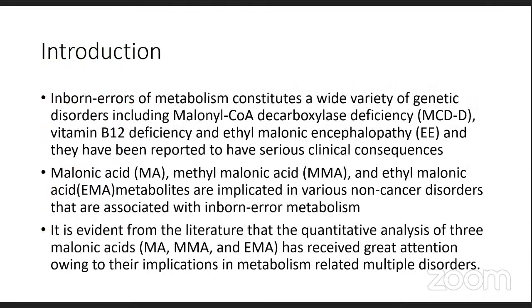Inborn errors of metabolism constitute a wide variety of genetic disorders, including malonyl coenzyme A decarboxylase deficiency, vitamin B12 deficiency, and ethylmalonic encephalopathy, and they have been reported to have serious clinical consequences. Malonic acid, methylmalonic acid, and ethylmalonic acid are three carboxylic acids that play a role in different genetic disorders.